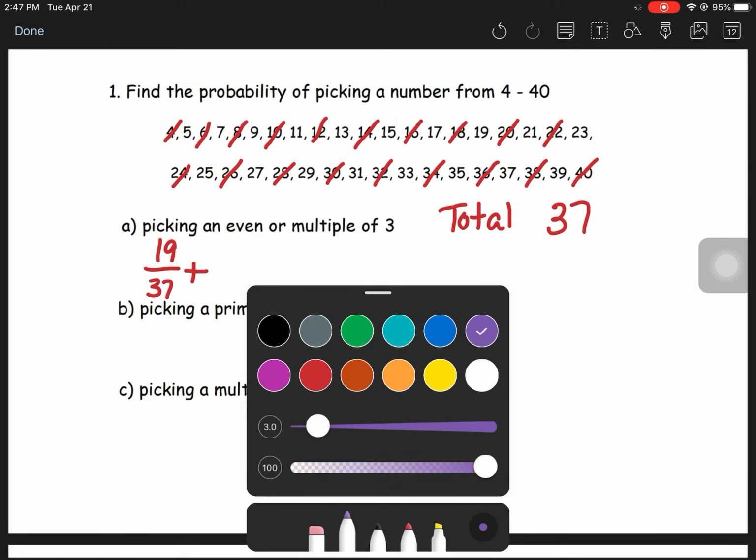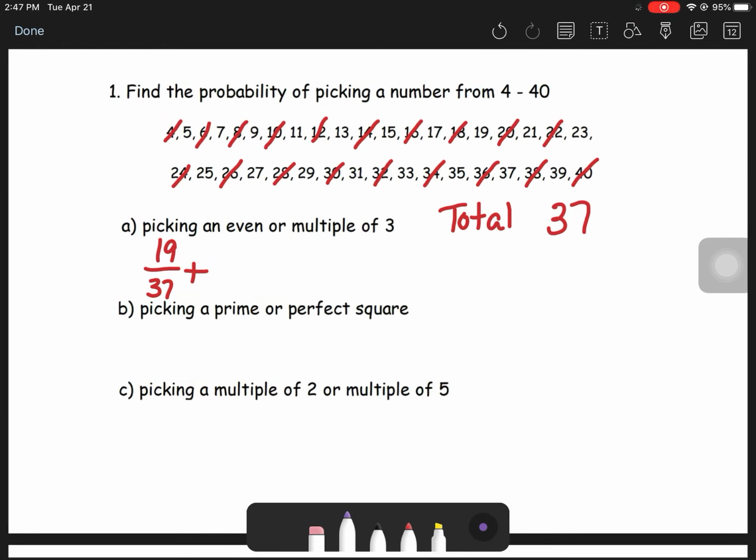Now we want to count the numbers that are multiples of 3. So we have 1, 2, 3, 4, 5, 6, 7, 8, 9, 10, 11, and 12. So we have 12 numbers that are multiples of 3.